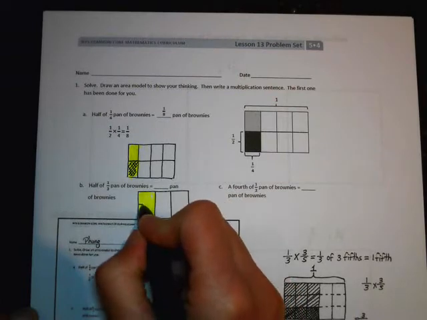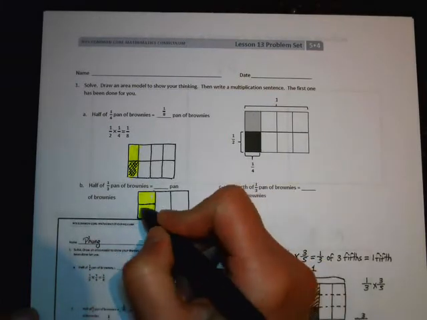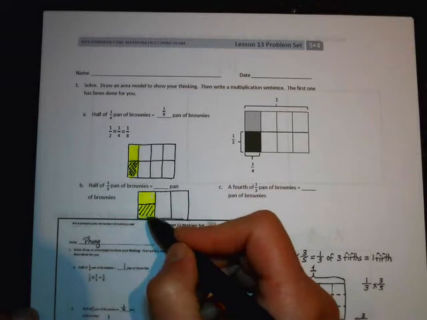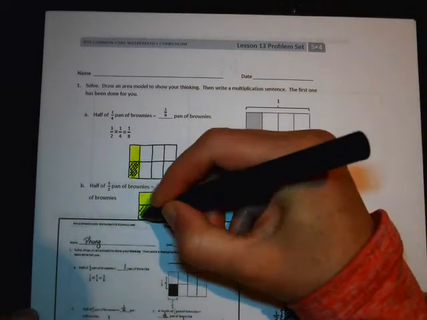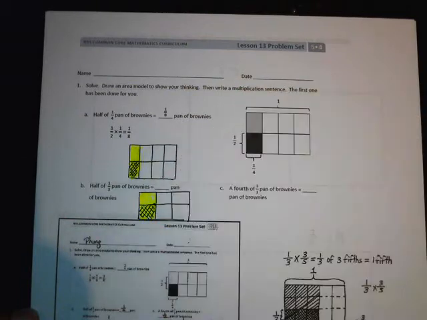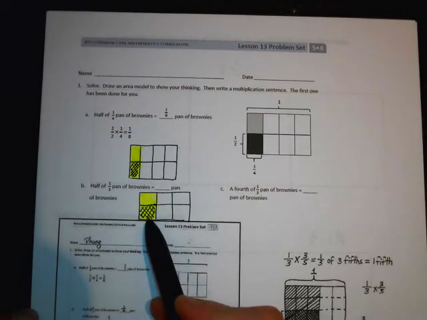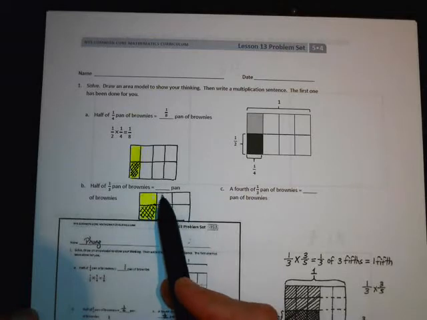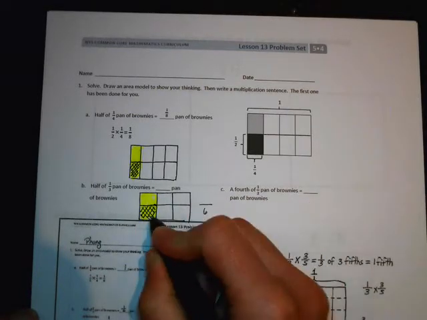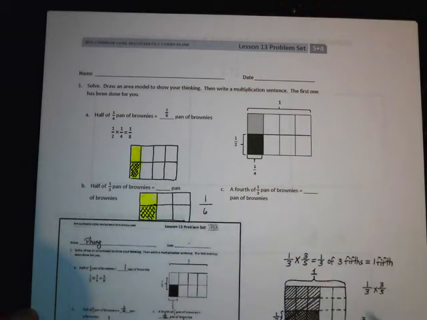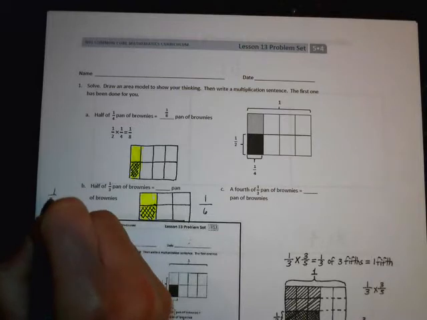But if you take half of this third, you've got to take half of everything. There's my answer right there in the checkered. If you look at your pan of brownies, how many brownies was the pan divided up into? And how many am I looking at for my answer? They would say 1/2 times 1/3 equals 1/6.